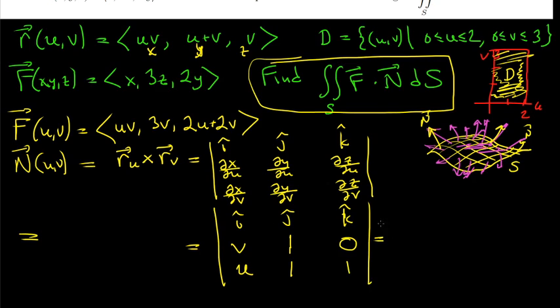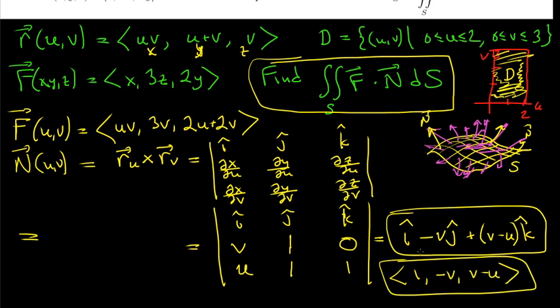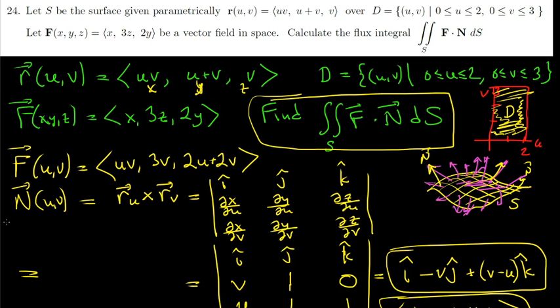Now, taking the cross product, we get i minus v times j, and then v minus u times k. So that's my n. You can think of it as just 1, negative v, v minus u.